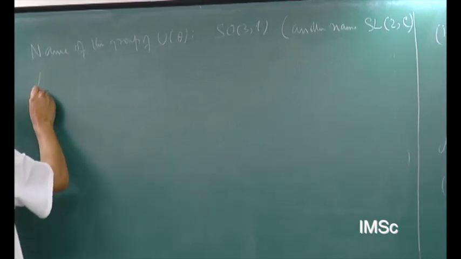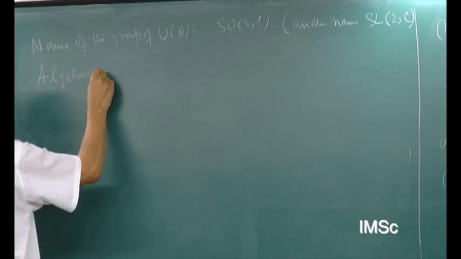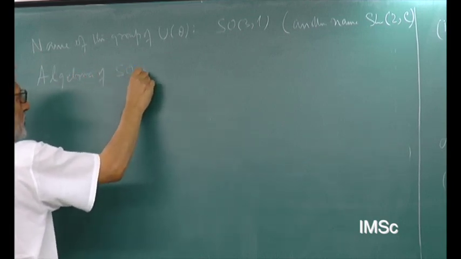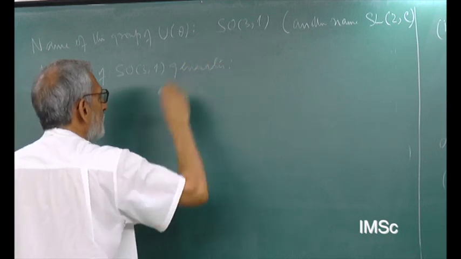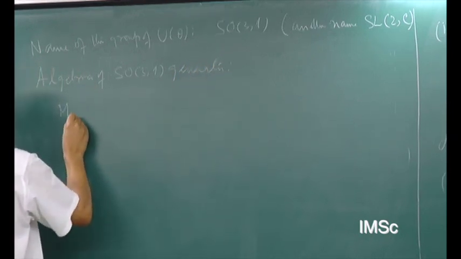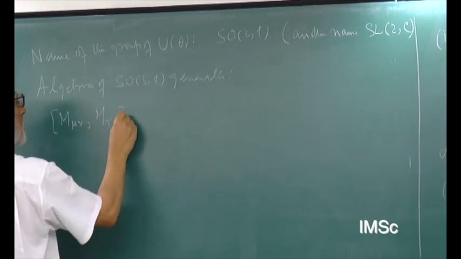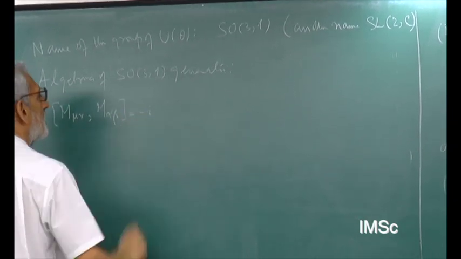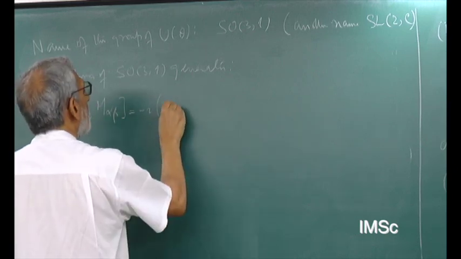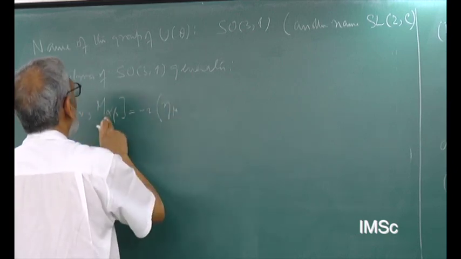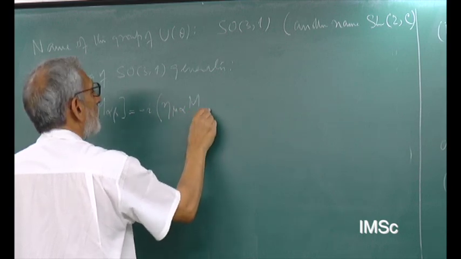What is the algebra of the generators? Algebra of SO(3,1) generators is: commutator of M mu nu with M alpha beta is minus i times eta mu alpha M nu beta.